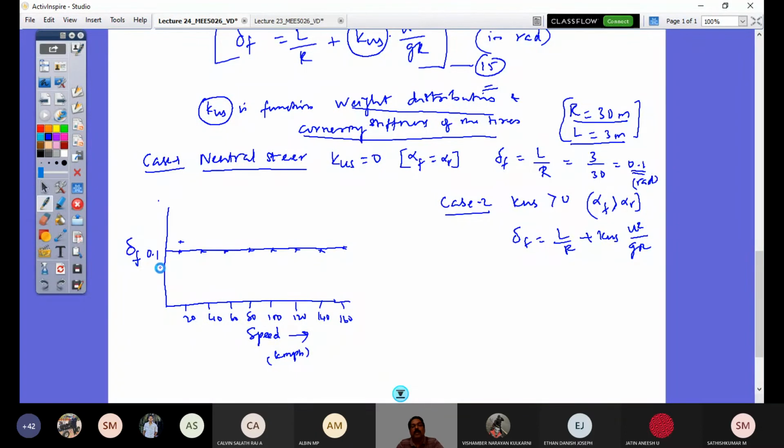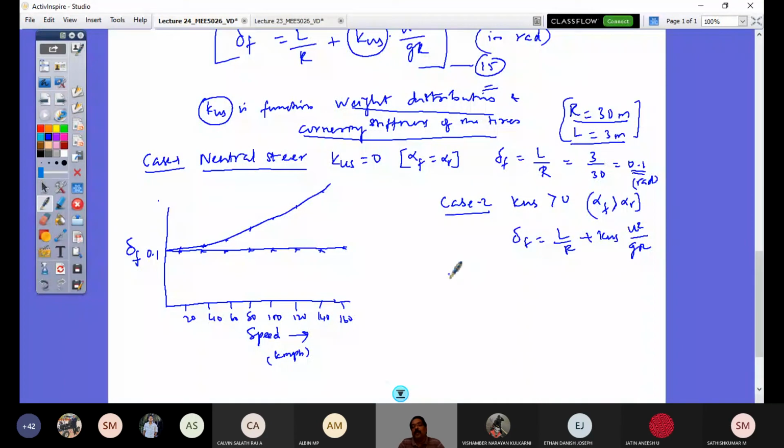So that would go like this parabolically. You see that gradually the steering angle requirement increases as you go with your vehicle. So that is the meaning of this.